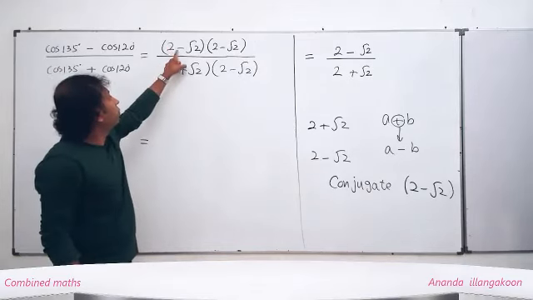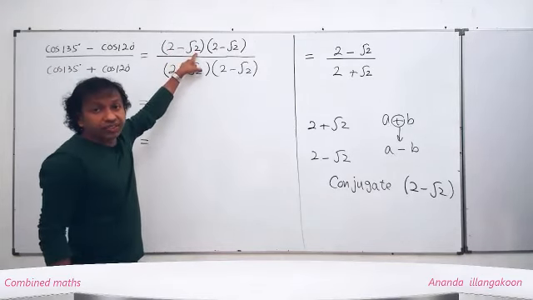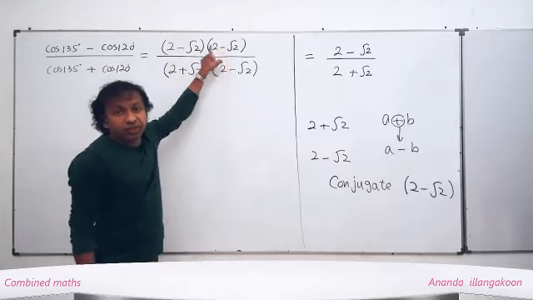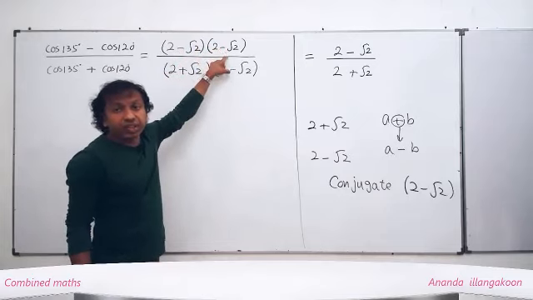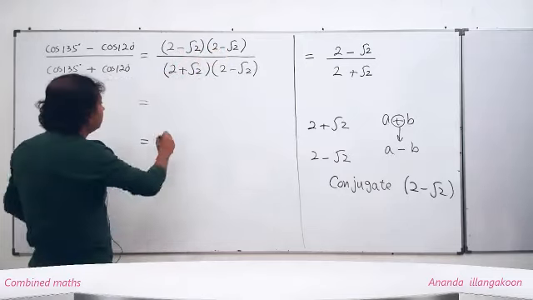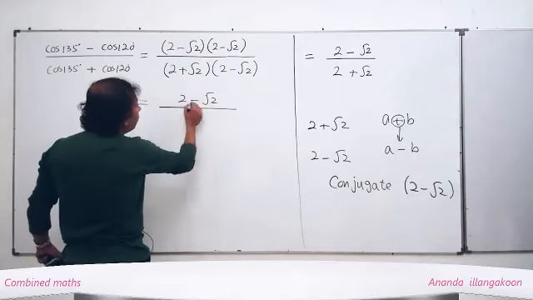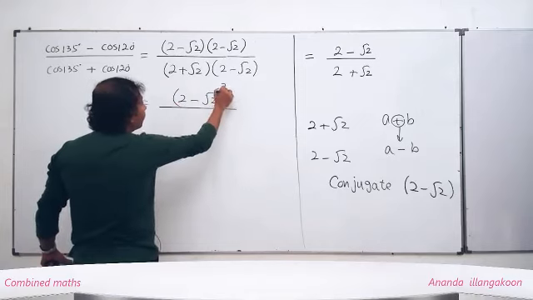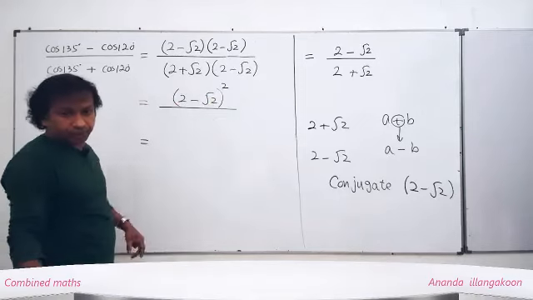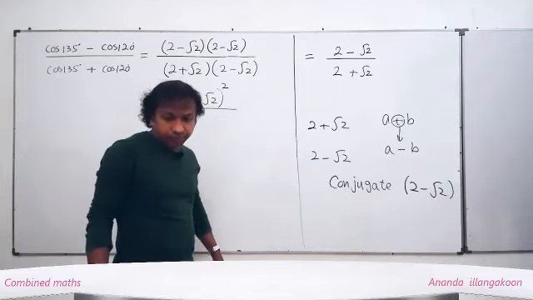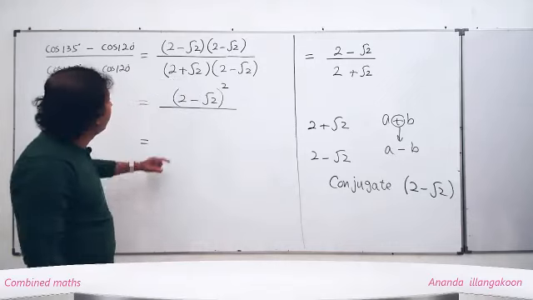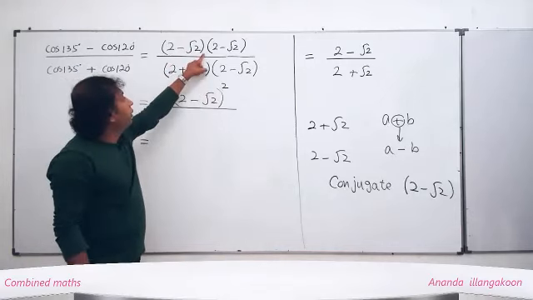Then, people, 2 minus root 2, if we assume this is x, the same x here, x into x is x squared. This is nothing but 2 minus root 2 perfect squared. 2 minus root 2 into 2 minus root 2.